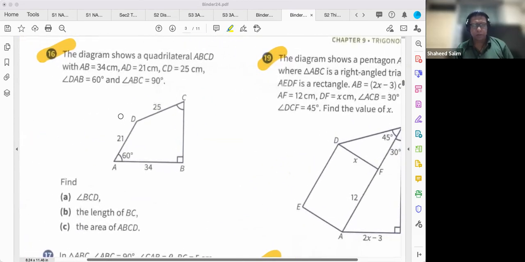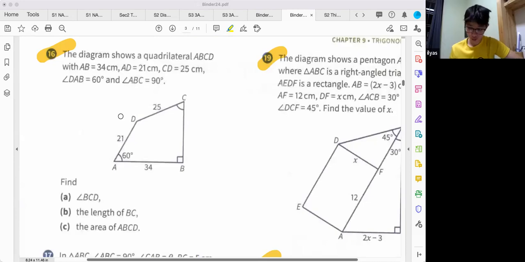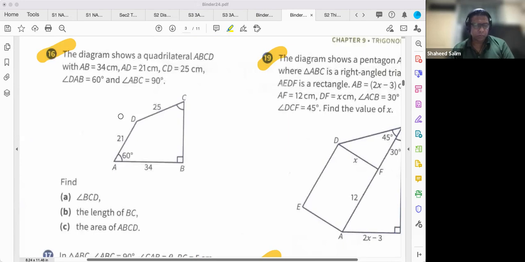We try this one. 16. Think through a strategy.